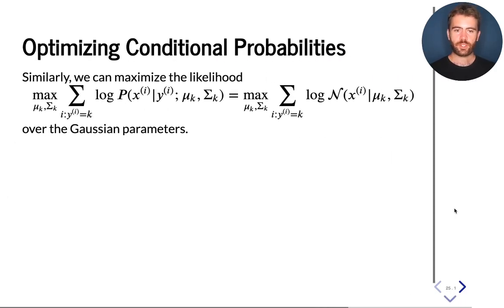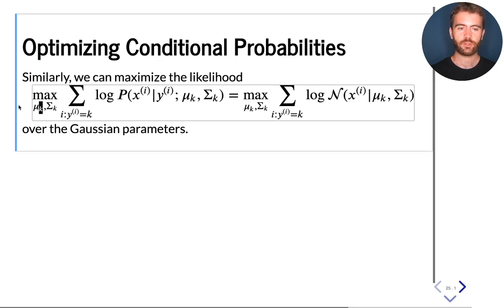And similarly, we can also have a very intuitive expression for the parameters of the Gaussian distributions. If we want to find the best mu k, sigma k for some specific value of k, then from our earlier derivation, we only need to optimize this term, which here I'm just explicitly writing out as a Gaussian distribution.